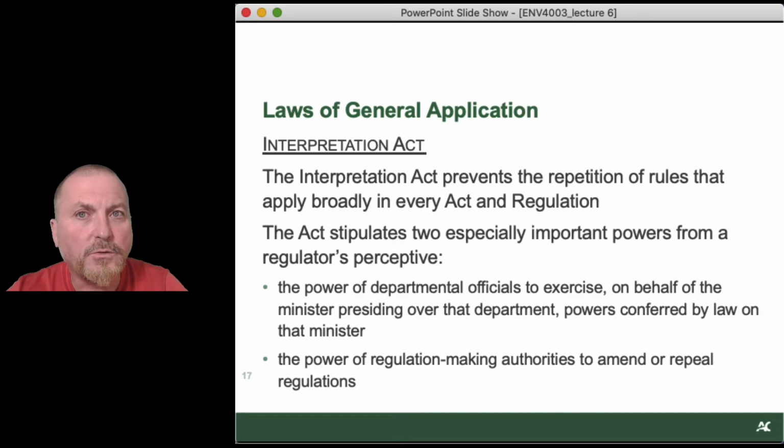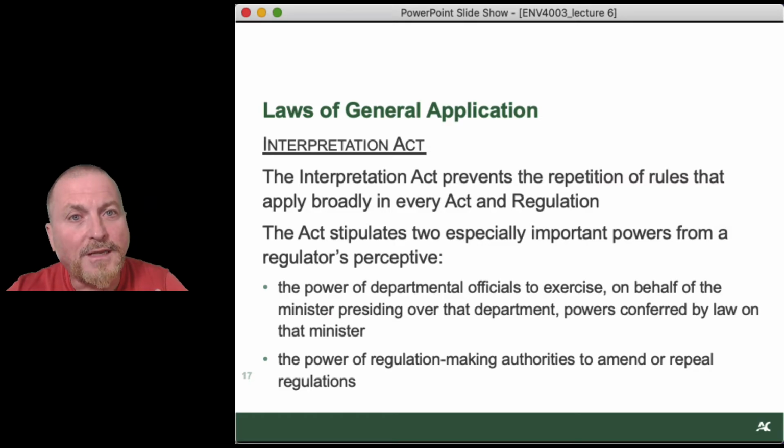The Act stipulates two especially important powers from a regulator's perspective, okay? The power of the departmental officials to exercise on behalf of the minister presiding over that department, powers conferred by law on that minister. In other words, the Minister of the Environment doesn't develop the details of a single-use plastics ban, right?